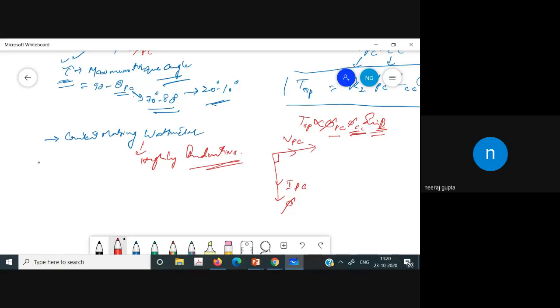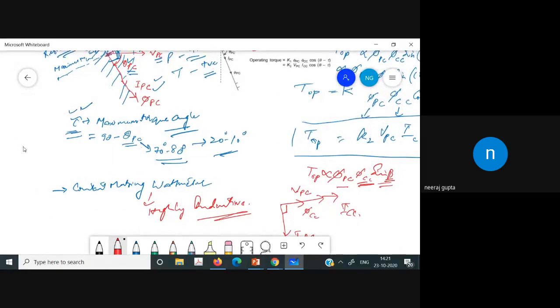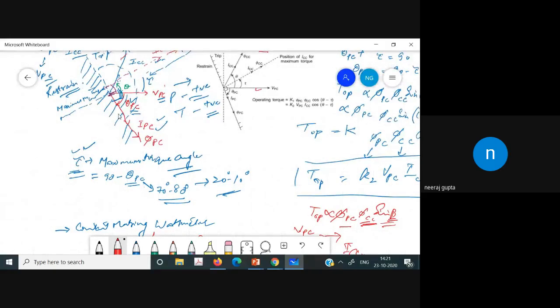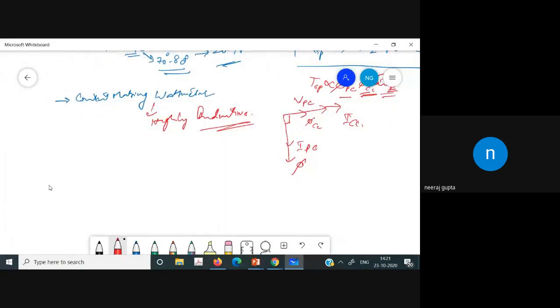It means that we will have here phi CC, that is ICC and phi CC here only. So the angle between the voltage and the current that we have discussed is the maximum torque angle. This is the current and this is the voltage, and the angle between them was tau, that is the maximum torque angle. Since the angle in this case is 0, contact making wattmeter has maximum torque angle equal to 0 degree.